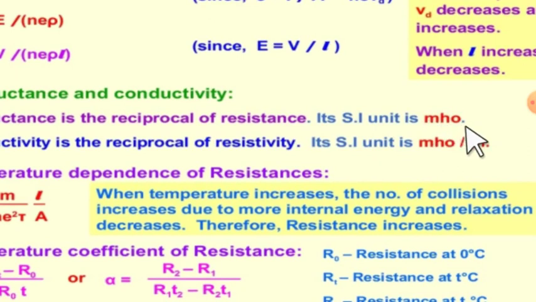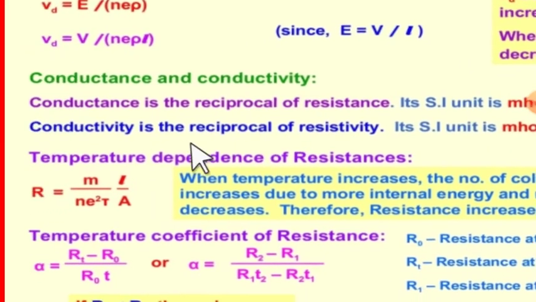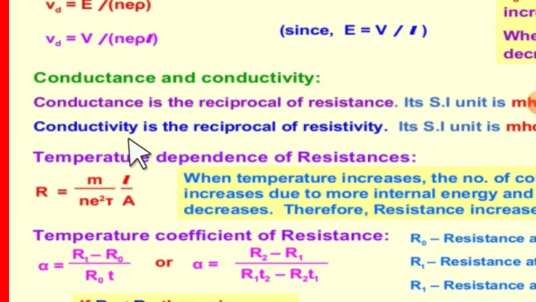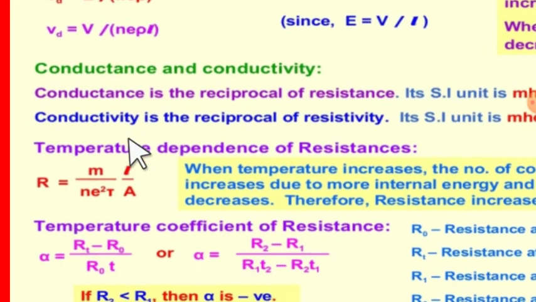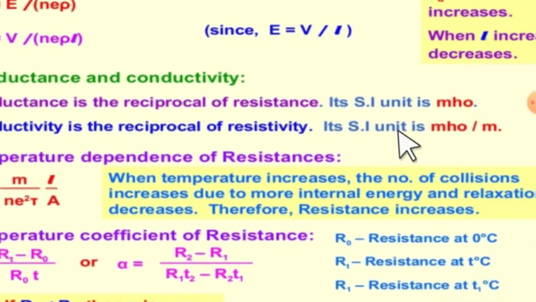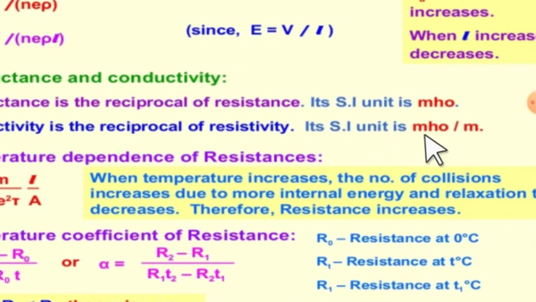The opposite of ohm. If you read ohm, OHM, in the reverse order, then it will be MHO. We call this mho, right? And the reciprocal of resistivity we call conductivity. So conductivity may be defined as the reciprocal of resistivity, and its SI unit is mho per meter, right?